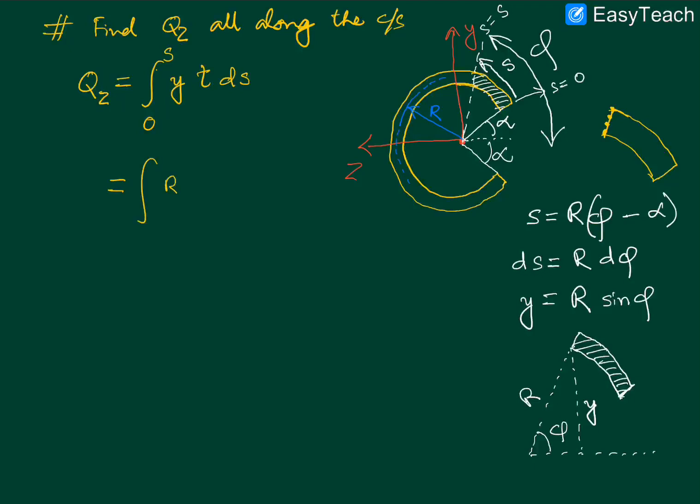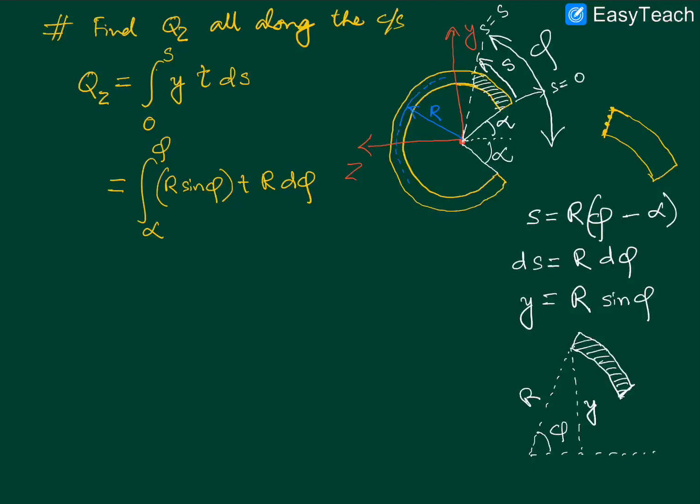So the integration of R sine phi times t times ds, where ds is R d phi. And now you note that when the limits of s go from 0 to s, the corresponding limits for phi would be alpha to a generic phi.